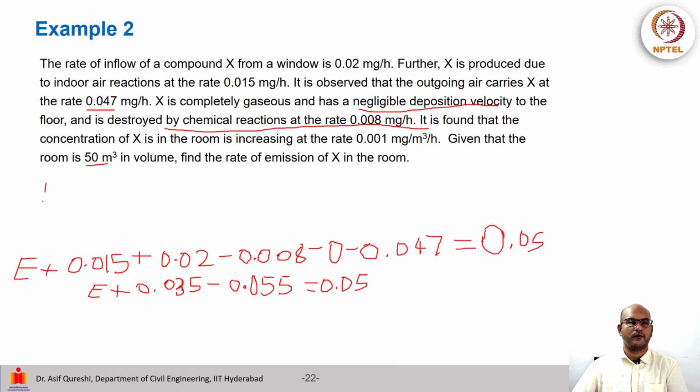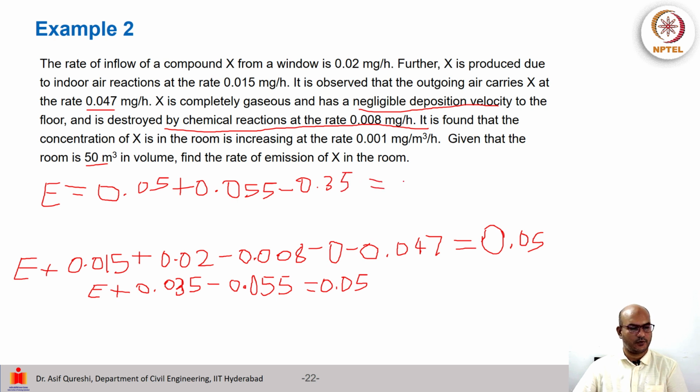So now we will have E equal to 0.05 plus 0.055 minus 0.035.